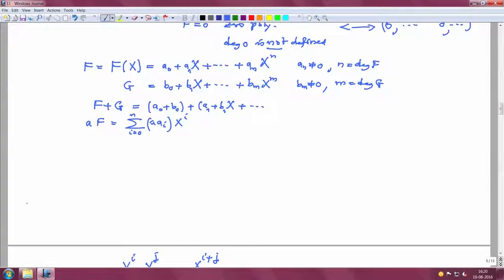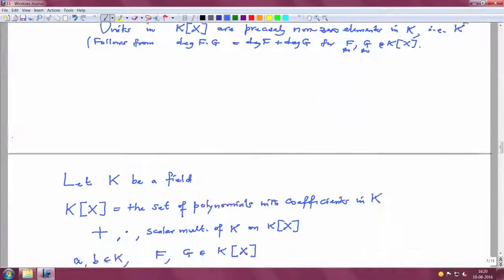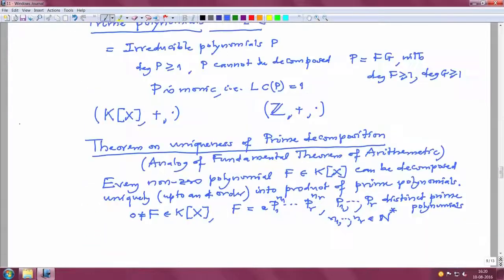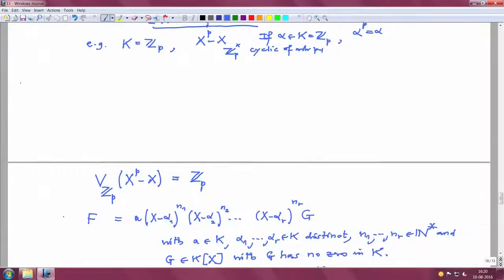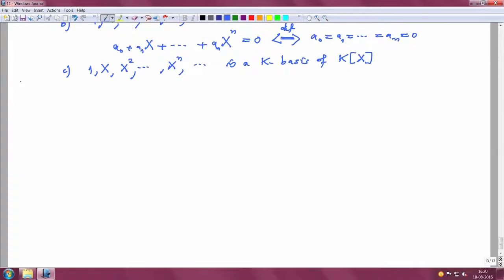Okay, so this is example 4. Now I want to discuss polynomial functions.